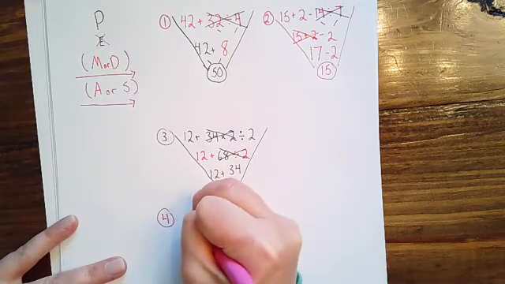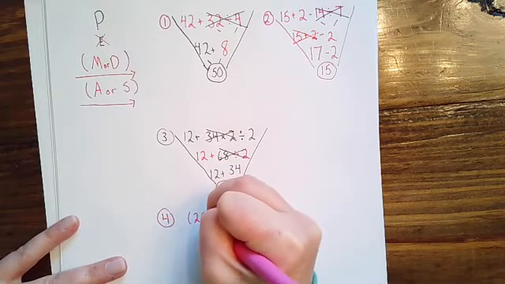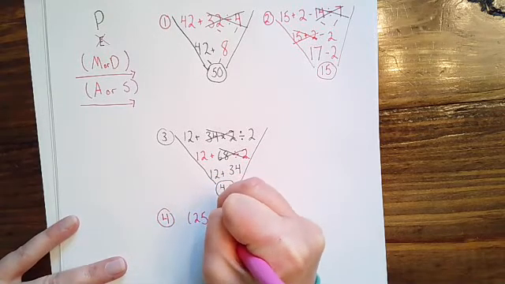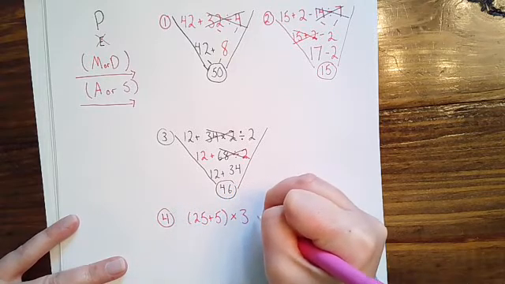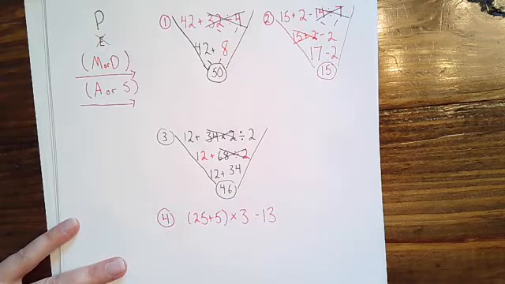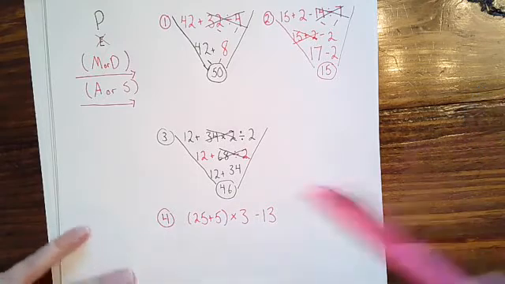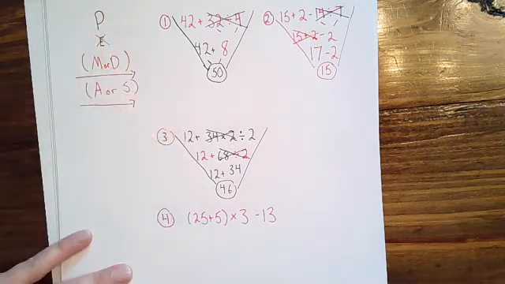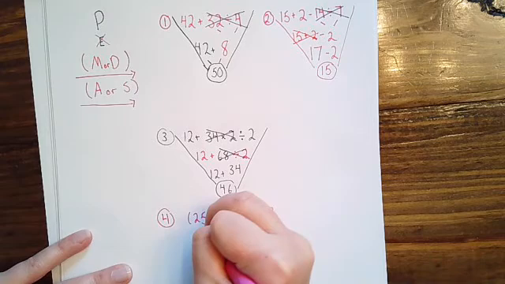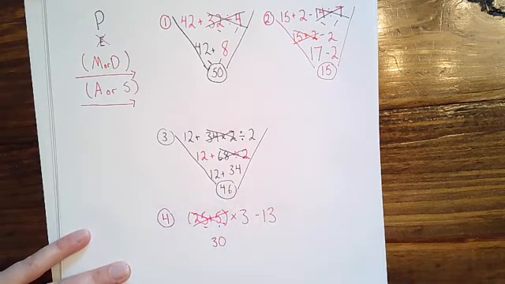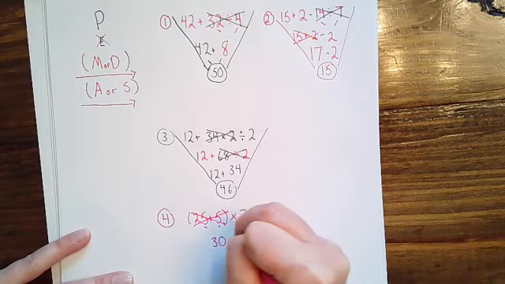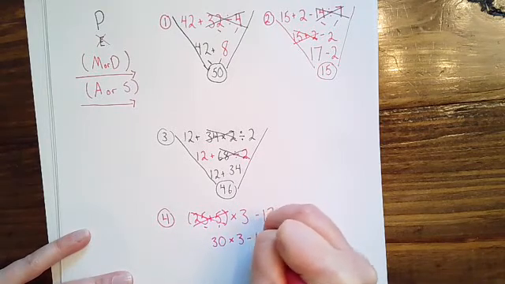So we've got 25 plus 5 times 3 minus 13. All right, so using our order of operations, first we have to do the parentheses. So 25 plus 5 is 30. You can go ahead and cross that out and write in the rest of the problem. 30 times 3 minus 13.